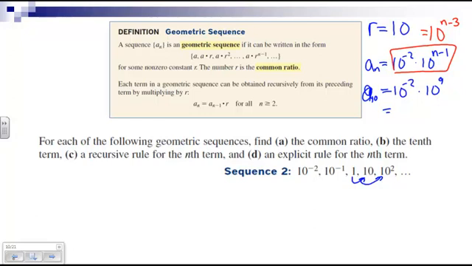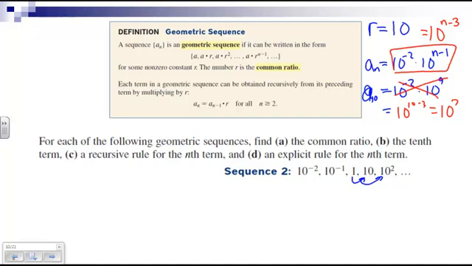Indeed, which makes this a silly way to do that. So the 10th term is going to be 10 to the 10 minus 3, or 10 to the 7th, which is 10 million.